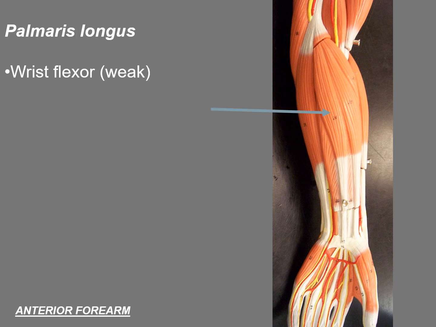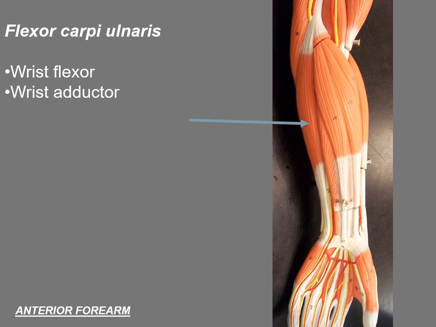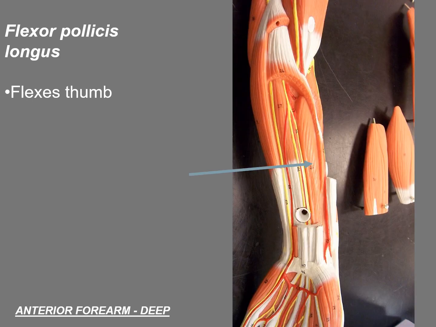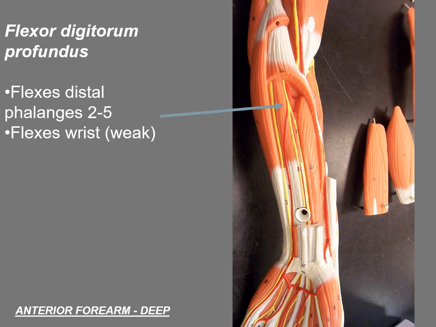Palmaris longus, a weak wrist flexor. The flexor carpi ulnaris. Flexor digitorum superficialis. Now, this tells you that it's going to be more superficial rather than a deep muscle. Flexor pollicis longus. Pollicis is what we call the thumb, so that gives you a little bit of a clue to where it's at.